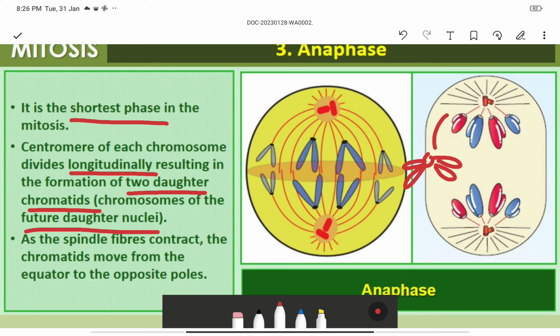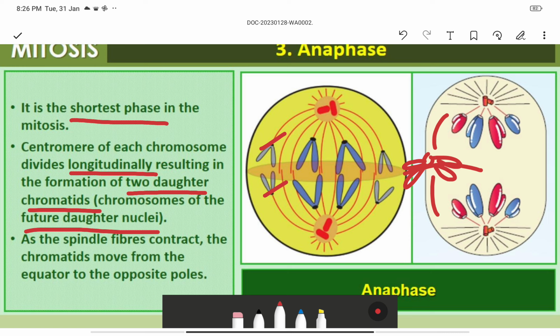One into two, a longitudinal division. Here is one chromosome, here is another chromosome. Got it? The spindle fibers contract, in the aster.